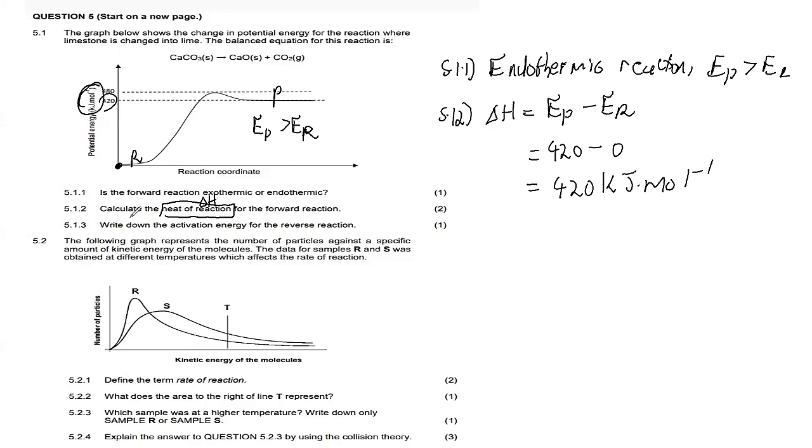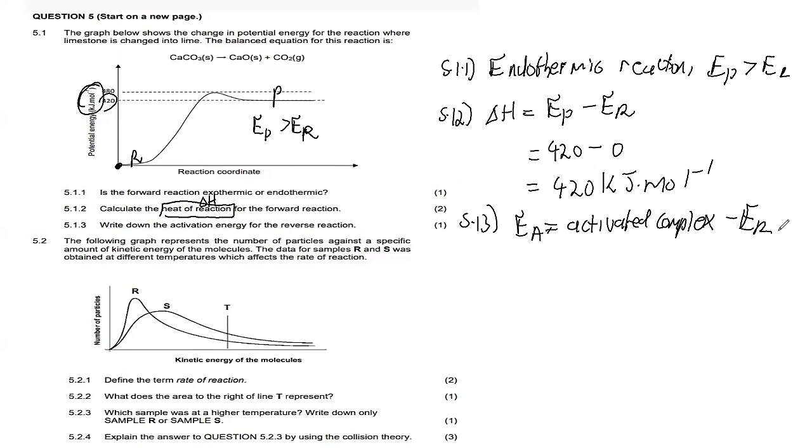Then 5.1.3 says write down the activation energy for the reverse reaction. Now, the formula to calculate the activation energy is to always take the activated complex and then subtract the energy of the reactant.